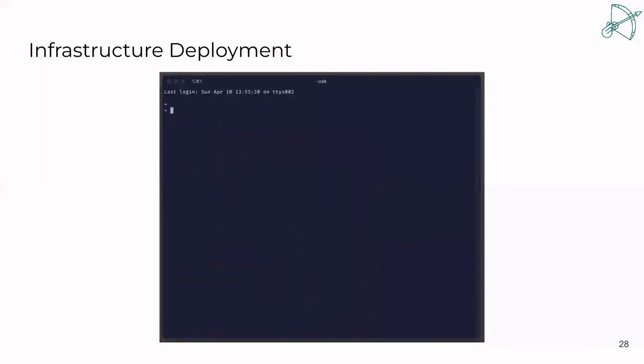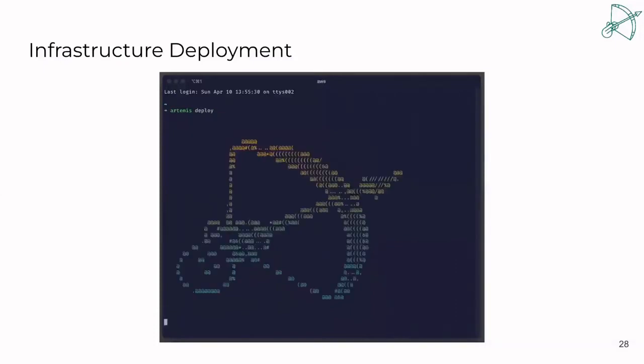A user would typically run this command once upon first using Artemis and before running any load tests. When load testing has concluded, the infrastructure can be removed using Artemis teardown. All of the components but the database will no longer exist. Now I'll pass it over to Mia.